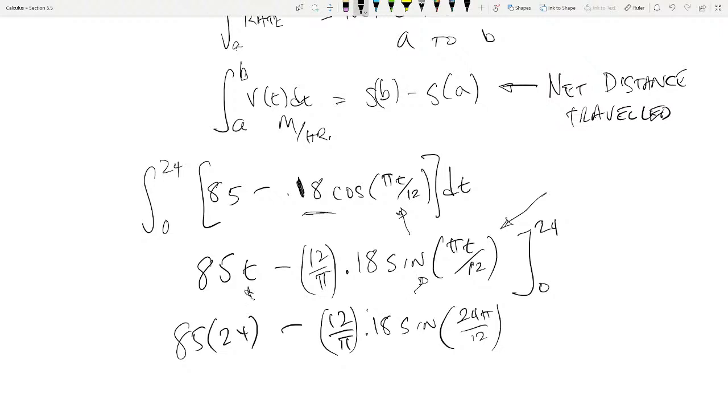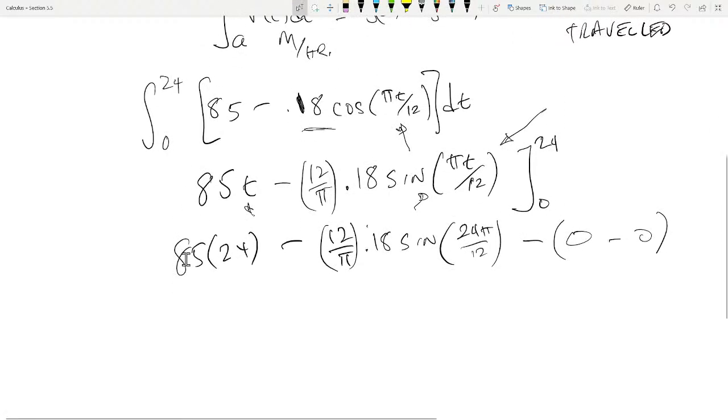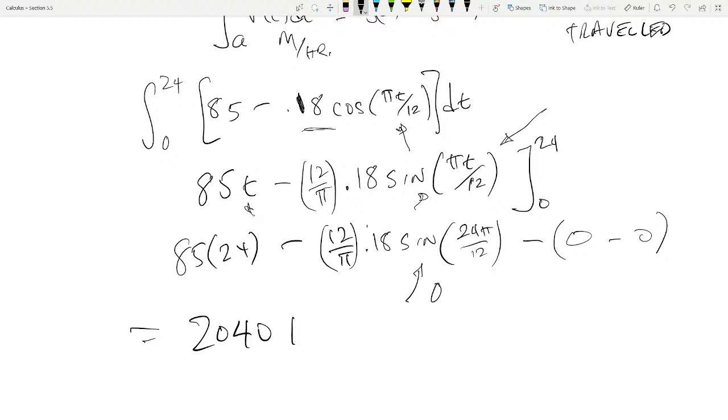Sine of 0 is 0, so the second term will be 0 minus 0. And this one here is also 0. So the answer is 85 times 24, which is 2040 kcals.